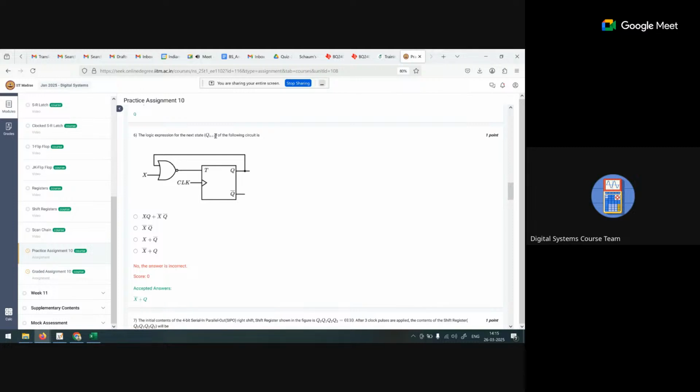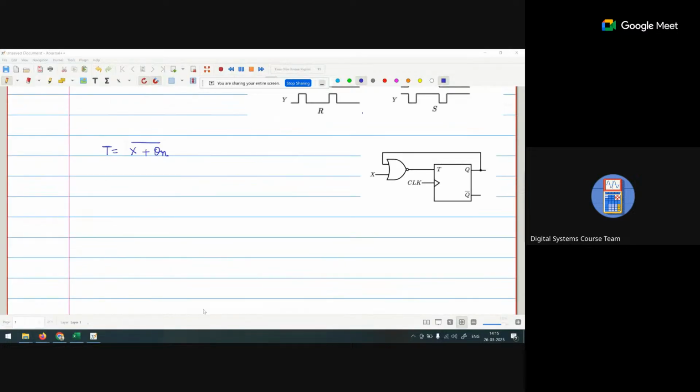The logic expression for the next state. So they are asking the logic expression for Q_n plus 1. We are drawing this one for the T.